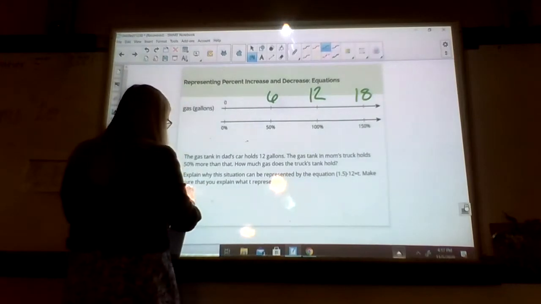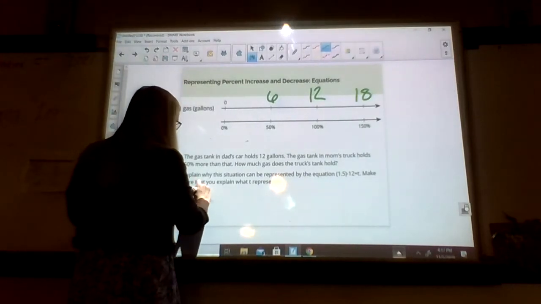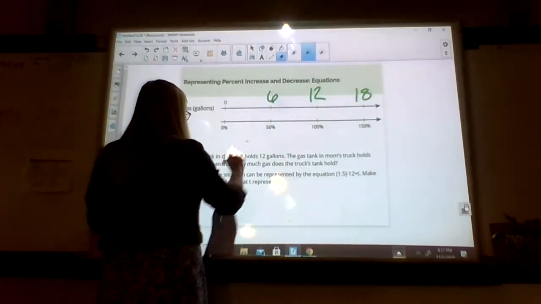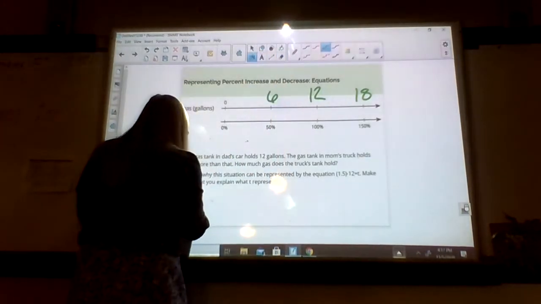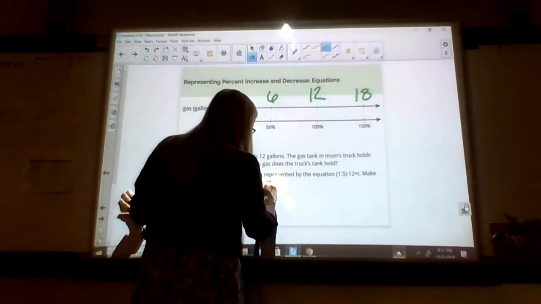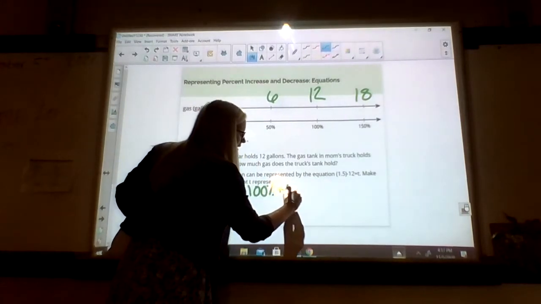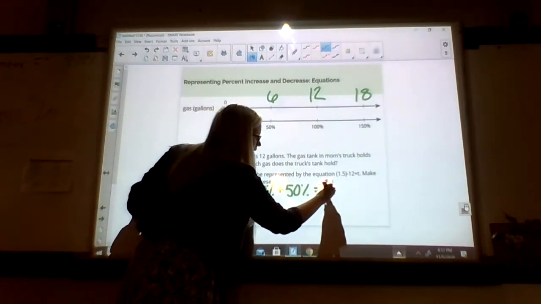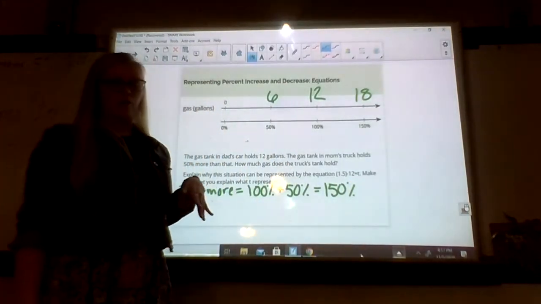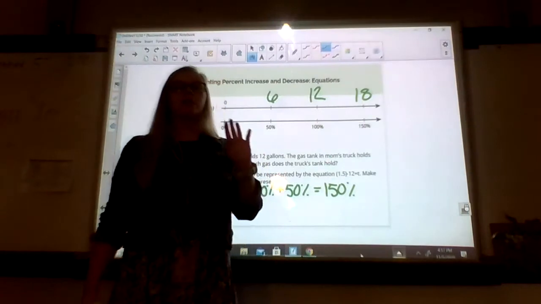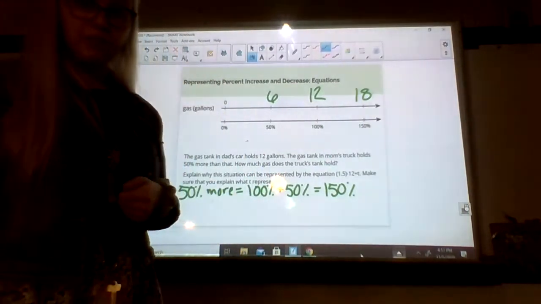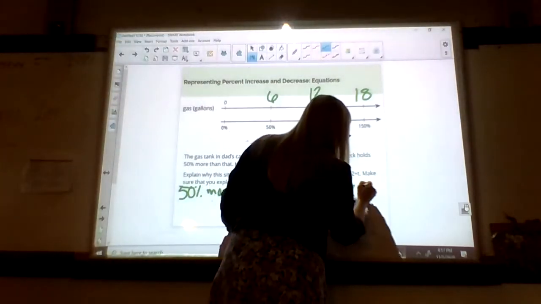So we're trying to find 150%, which, let me rewrite this. So 50% more means we're taking 100%, adding 50%, getting 150%. Now, obviously, there's no percents in this problem, so 150% as a decimal, 150 divided by 100 is going to be 1.5.